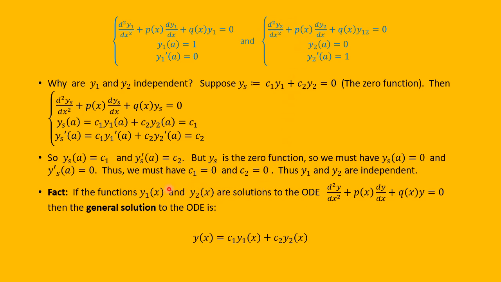Now here's the next fact that we're going to need. If the functions y sub 1 of x and y sub 2 of x are solutions to this differential equation, then the general solution to the differential equation is c1 y1 of x plus c2 y2 of x. Let's see why this is true.